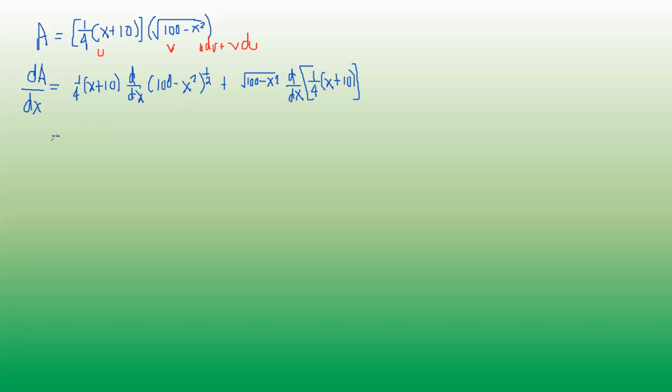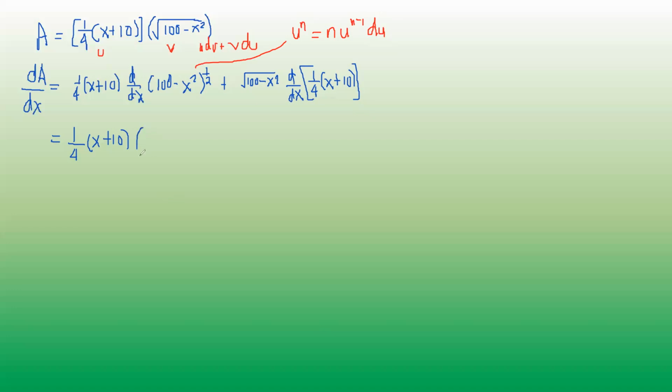So we will have 1/4 of x plus 10 times, this is u raised to n. So balik tayo ng formula, u raised to n yan. So yung part na to ay u raised to n. When differentiated, we will have n, u, n minus 1, derivative of u pa ulit. Okay, tuloy natin.